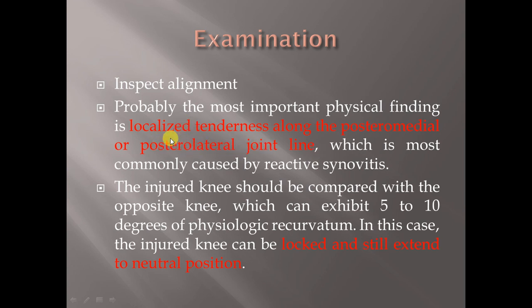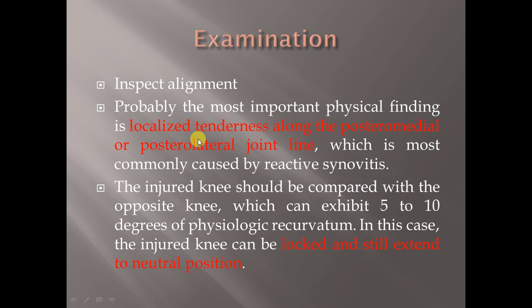Supine on the bed, you start to palpate. Joint tenderness is the most sensitive test. Sensitive, not specific. For example, if you have a test with 100% sensitivity, that means it is a very good screening test.